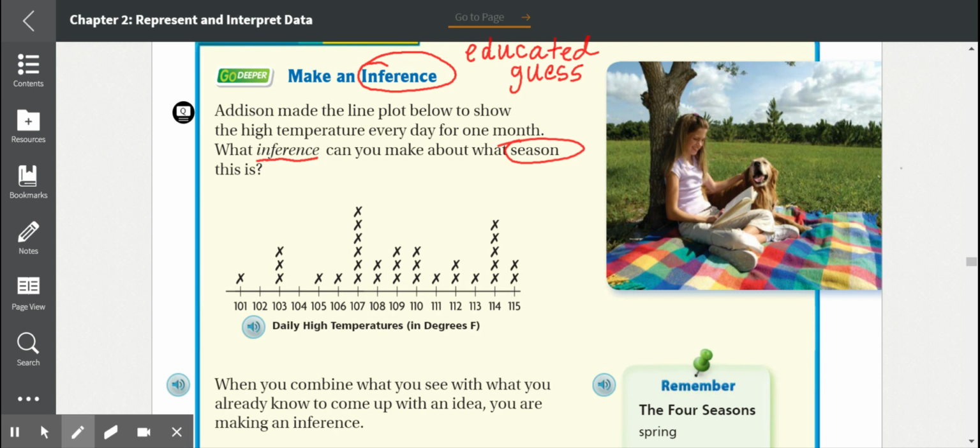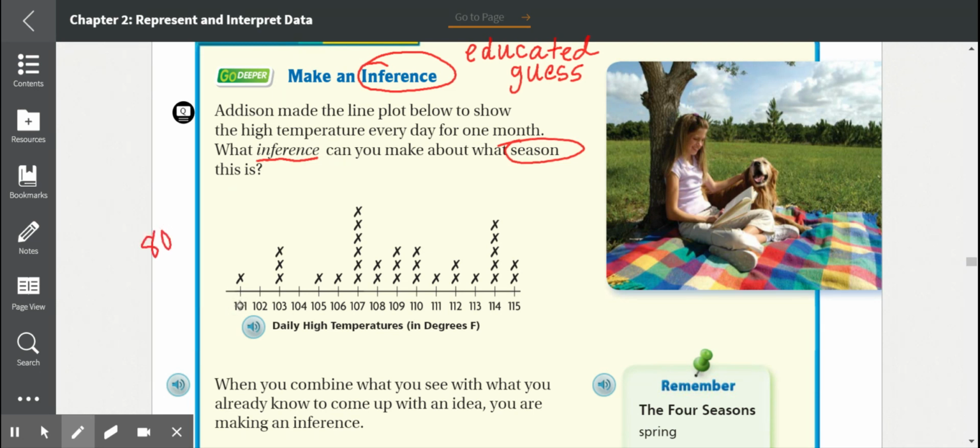So, looking at her line plot, it starts at 101 degrees and goes all the way up to 115 degrees. So just for reference, today was about 80 degrees. And if you went outside today, it was pretty nice out. It was warm, it wasn't too hot, it wasn't cold. So today was 80 degrees.